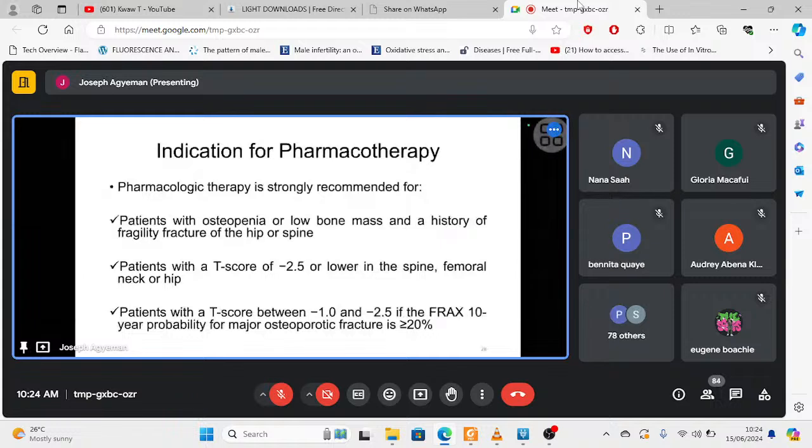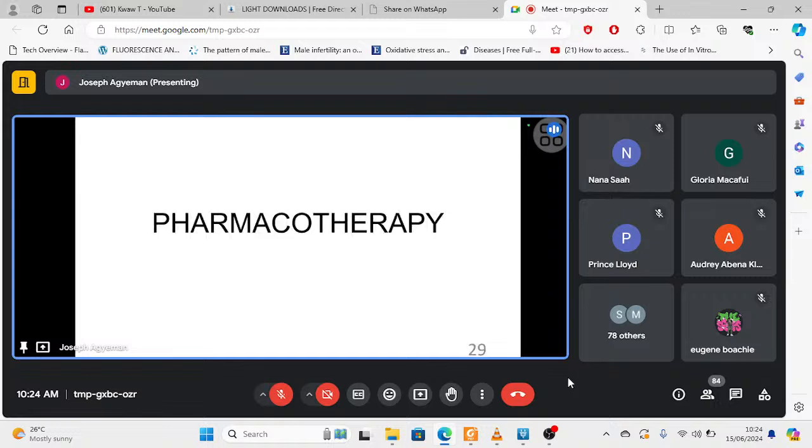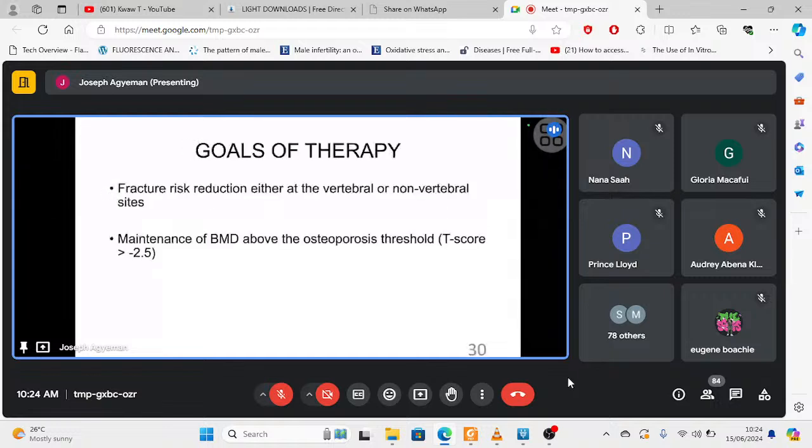But even if they are better, but still below the average, and they have a fracture risk as per the fracture risk assessment tool. If they have that, their chances of getting fractures within 10 years is equal to or above 20%. These individuals too, you must give them pharmacotherapy. So these are the individuals in whom the guidelines say that pharmacotherapy is very important.